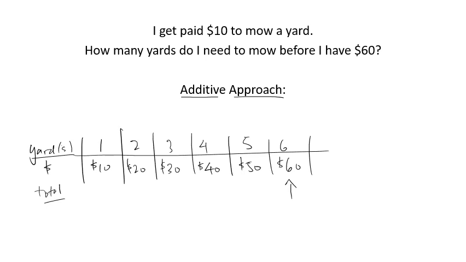That second yard isn't going to be worth $15, the third yard won't be worth $8. That ratio, 1 yard to $10, this additive piece here, and that constancy of the ratio, it does allow us to assess whether or not students understand that piece of this. So this is the first one, the additive approach.